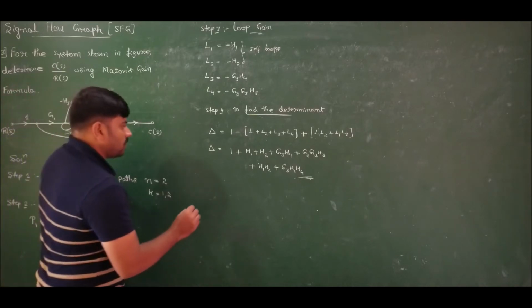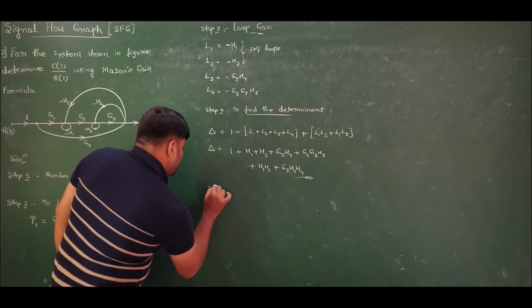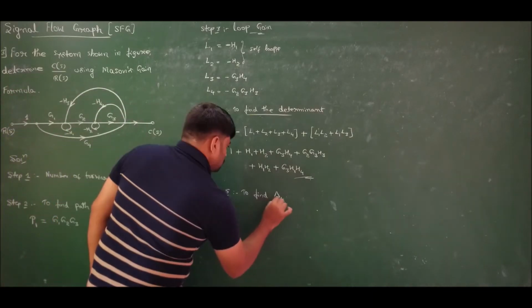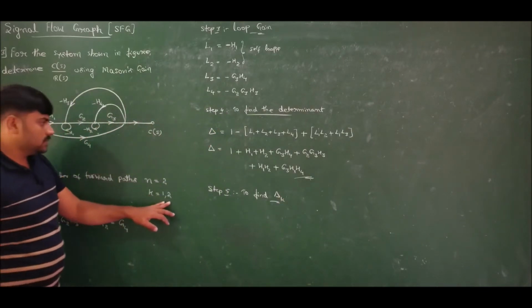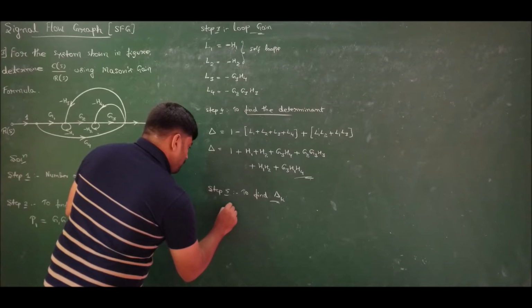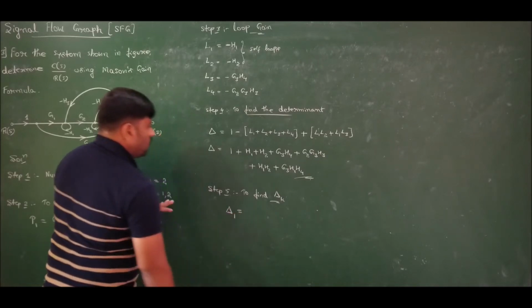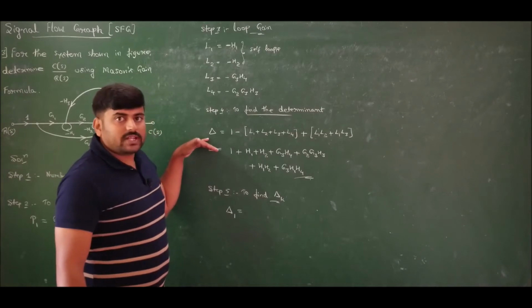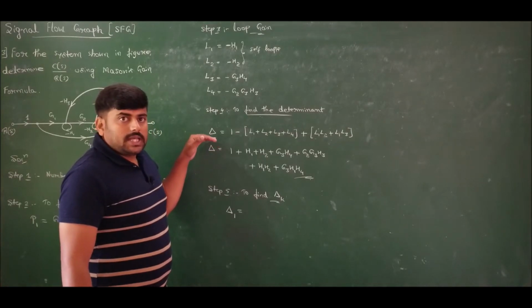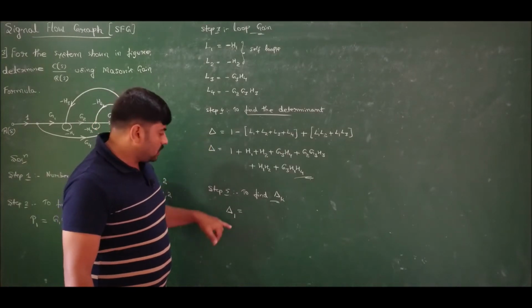Now if I go for step 5 to find the value of delta k, here k varies as 1 and 2. So if I go for delta 1, delta 1 is the value of delta after eliminating the gains of loops which are touching path 1.